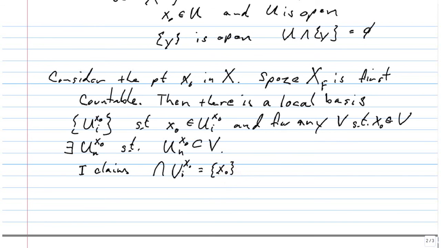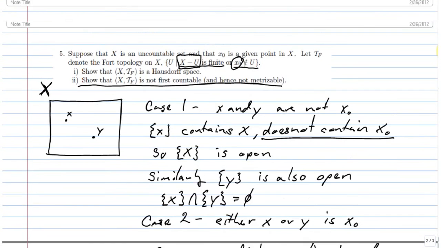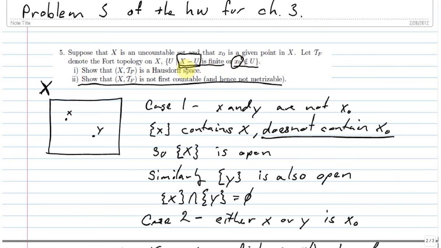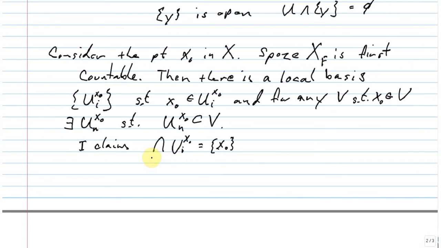So if I intersect them all, I get x naught. And in particular, what that means is, since the only open sets that contain x naught, let's go back up to the definition of the Fort topology, the only open sets that contain x naught are those with a finite complement. In particular, all of these open sets have to have a finite complement.